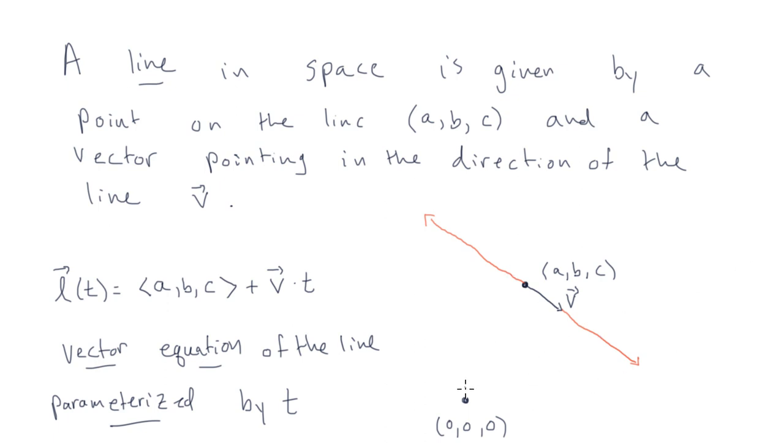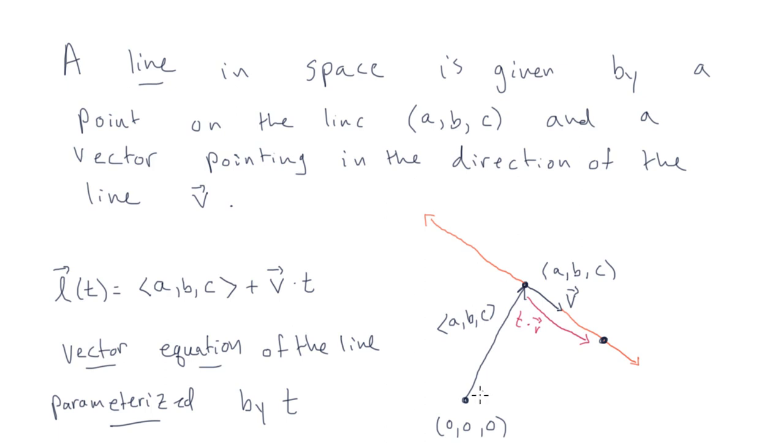Okay, so this vector here is the vector A, B, C, which is the position vector of this point. And so any point on the line I can think about as, well, it's just V, but I've rescaled V, so say this is t times V, right? So there's going to be some value of t, so I can just rescale V to this point.